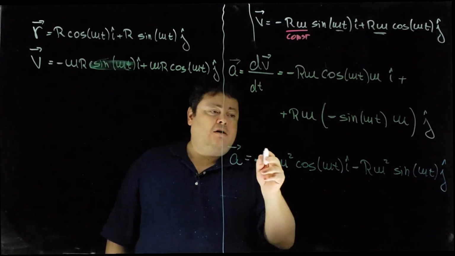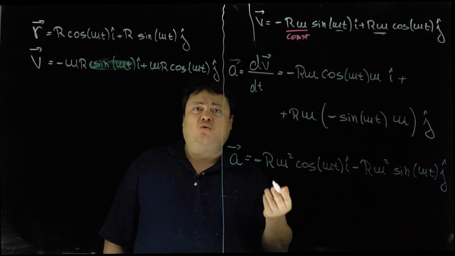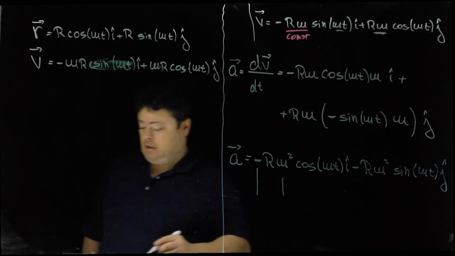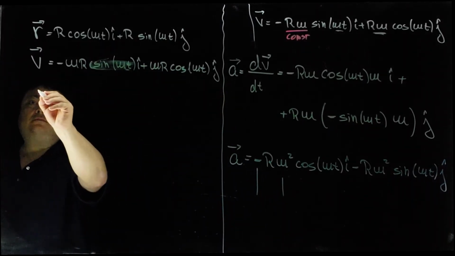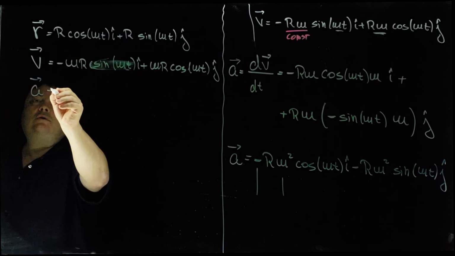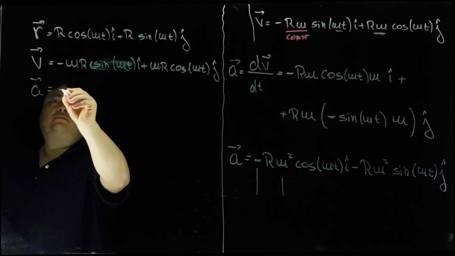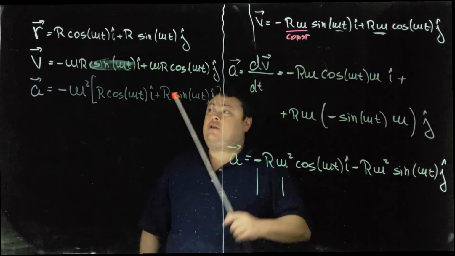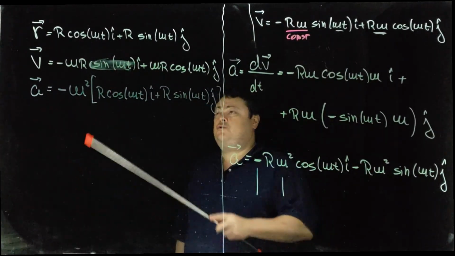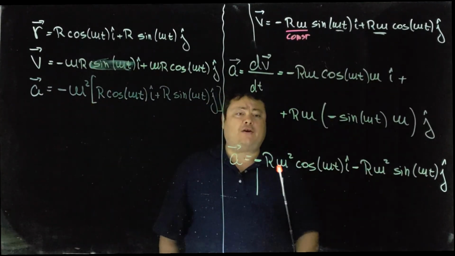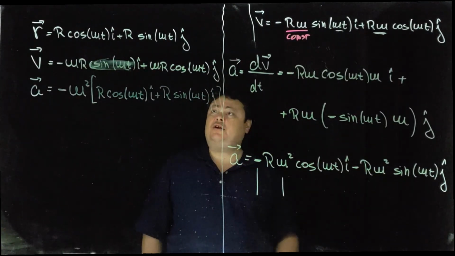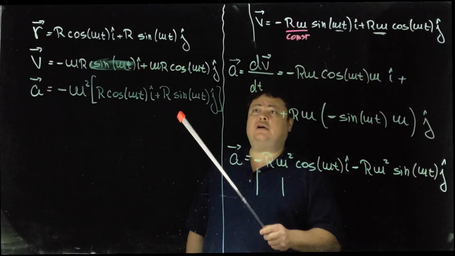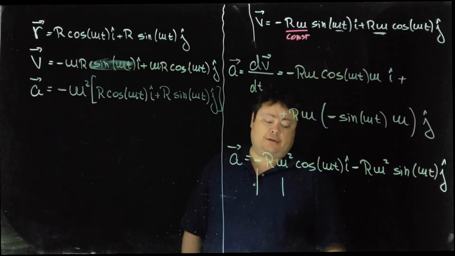I could actually factor out negative r omega squared but I don't want to do that. I want to factor out the negative and the omega squared. And then acceleration will be equal to negative omega squared, I factor out from the two terms I had in here, that multiplies r cosine omega t i hat plus r sine omega t j hat.